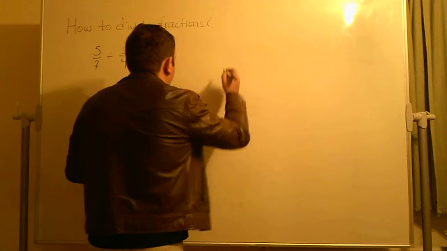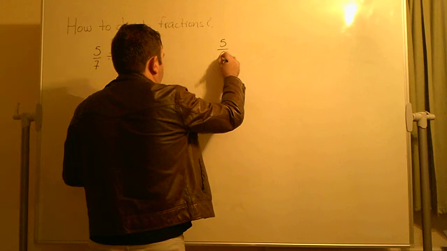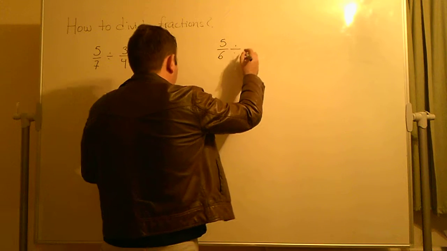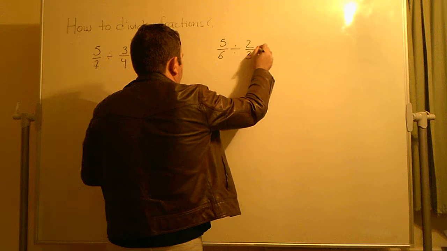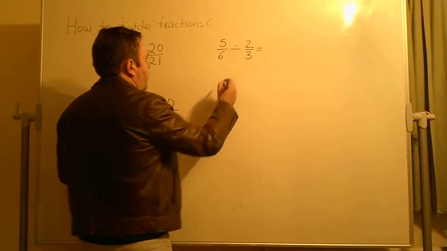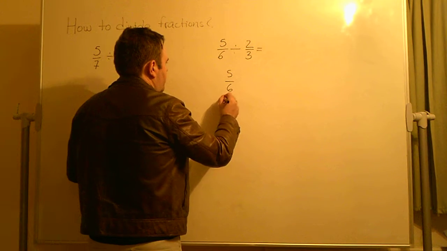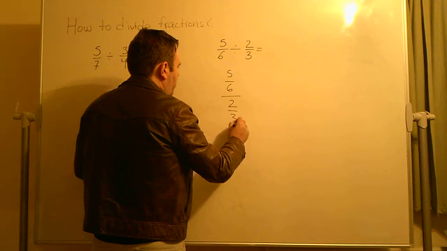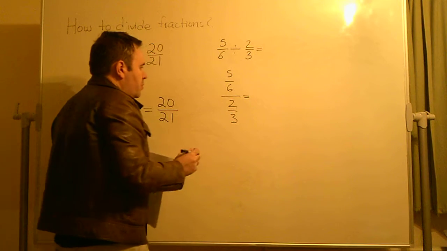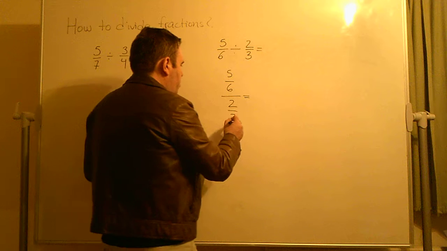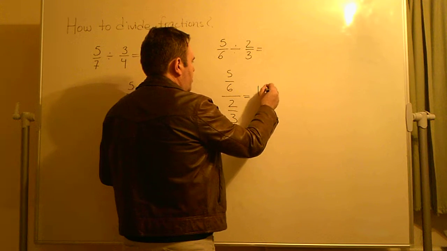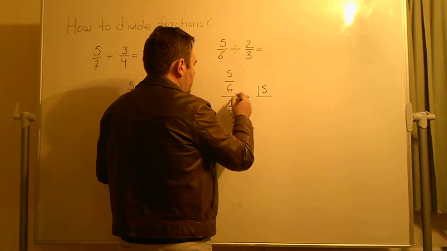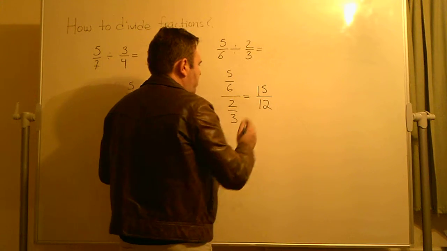Let's do another example. 5/6 divided by 2/3. Yeah? So we have 5/6 divided by 2/3. So 3 times 5 is 15, and 6 times 2 is 12.